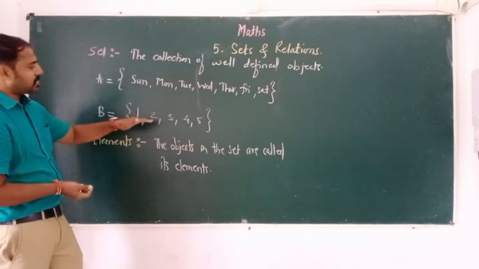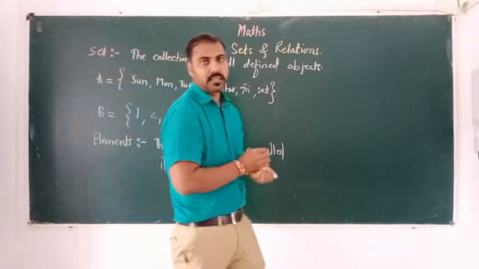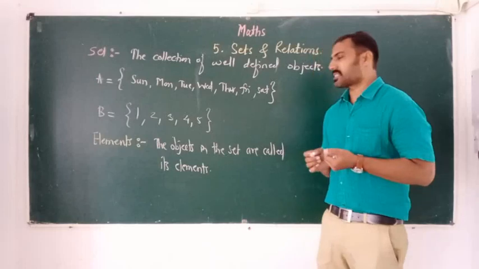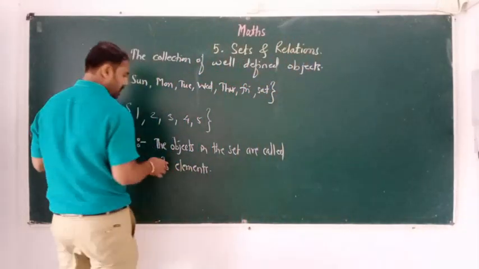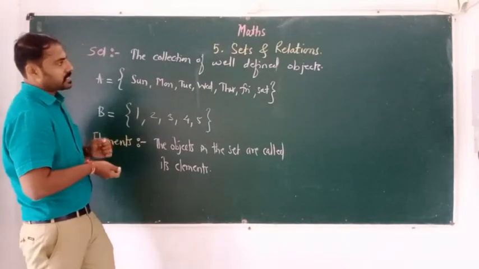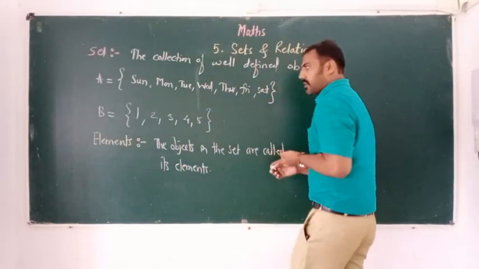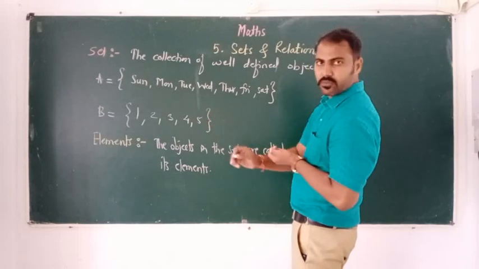Here the objects are 1, 2, 3, 4, 5. These are called elements of the set B. The objects in the sets are denoted by small letters. Next, if you look here, set B is 1, 2, 3, 4, 5.